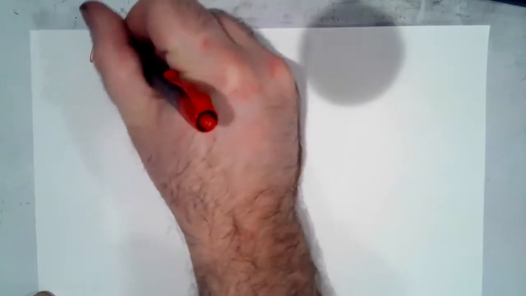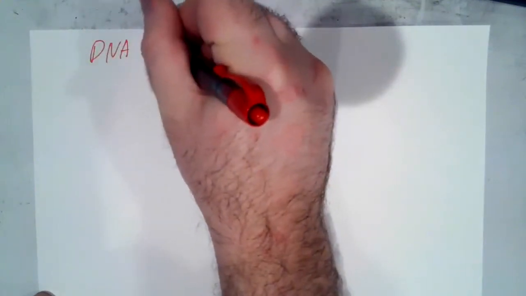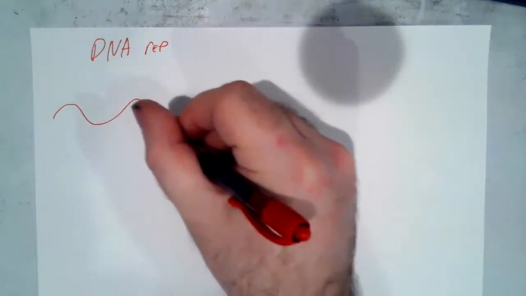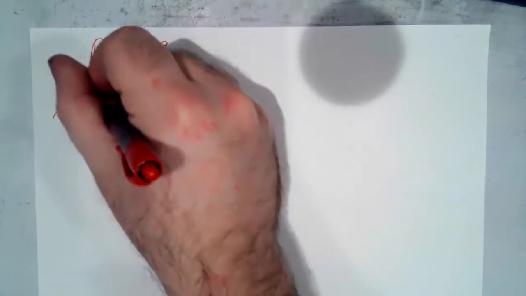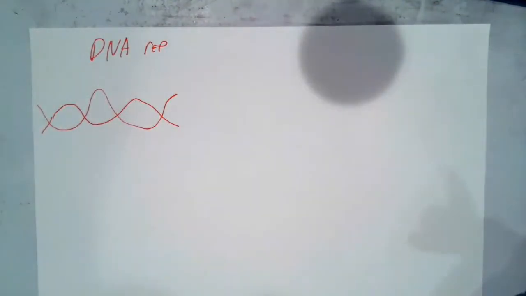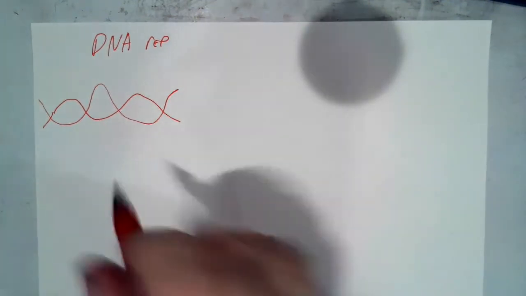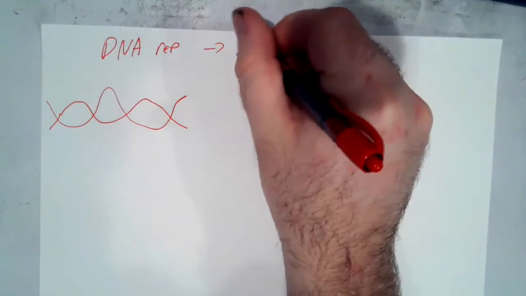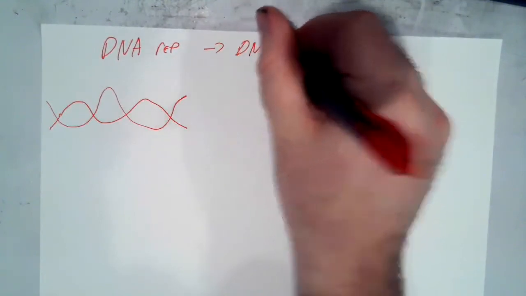So with DNA replication, I'll just put DNA rep here on the top. We start off with DNA. I'm just going to draw a little squiggly line and then another squiggly line that intersects that. It's supposed to be a double helix. With DNA replication, we want to make more DNA, right? That makes sense because that's what replication means.